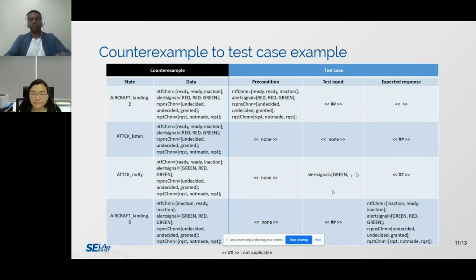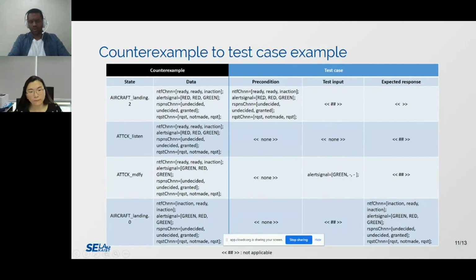By that, we were able to identify the vulnerability of the system by considering the attacker actions in the system. Then these could be the preconditions, the test inputs, and the expected responses, because we are dealing with the behavior of the system. So it's also possible to know how the system behavior reacts to the attacker actions introduced.